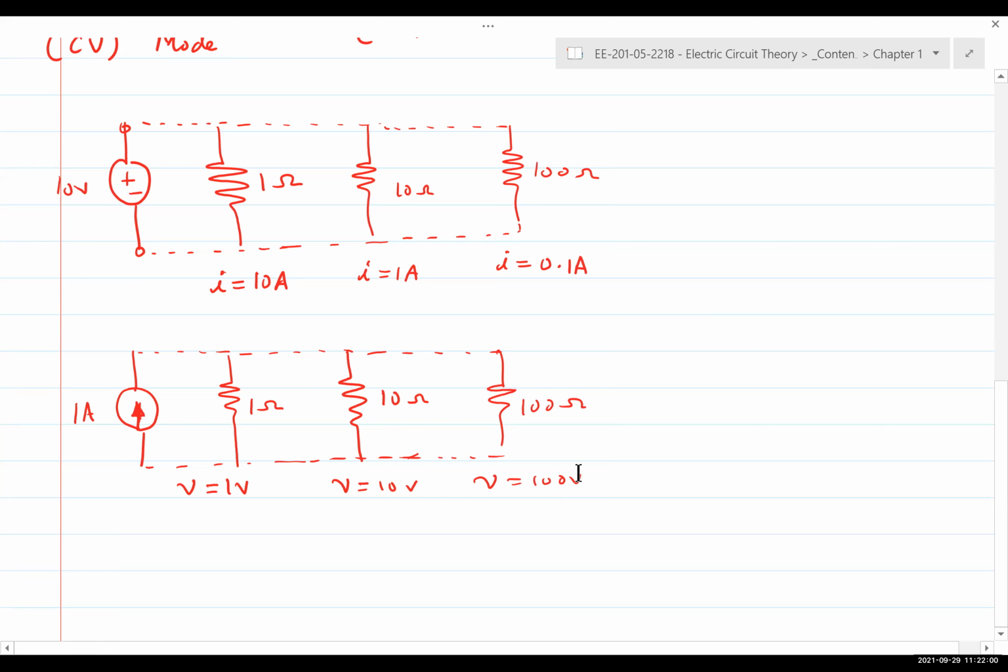Now, of course, there are some constraints in real life, right? Take the real-life power supply in EE251. You look at the power supply and it'll say 25 volts and 3 amps. So it can supply a maximum voltage of 25 volts and a maximum of 3 amps.